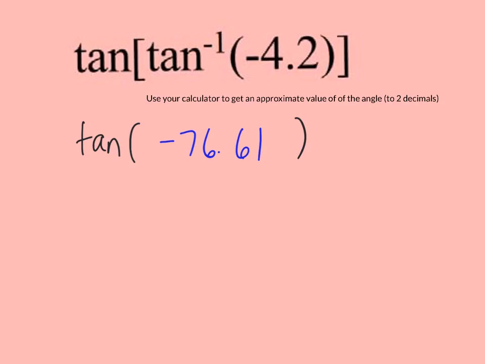However, ugly though it may be, now I'm just simply taking the tangent of that answer. This one's kind of cool because my answer turns out to be negative 4.2. Will it always work that way? No, but this one did.